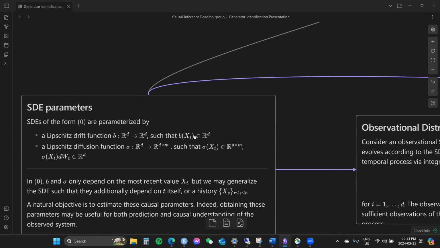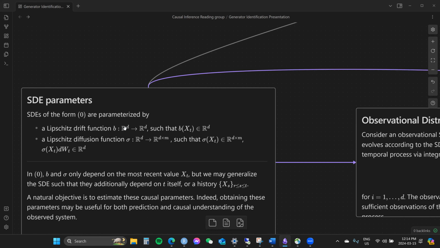The strongest thing you can learn about the SDE is knowing the parameters themselves. Because if you get the parameters themselves, you can characterize the entire equation. So you have the drift and diffusion, and it's standard to assume they're Lipschitz, otherwise you won't get existence and uniqueness of solutions.